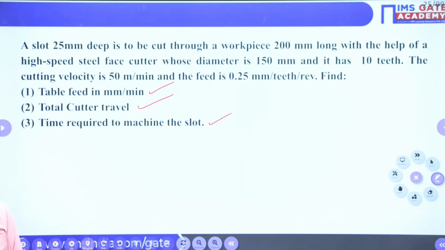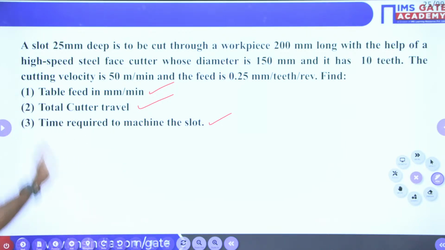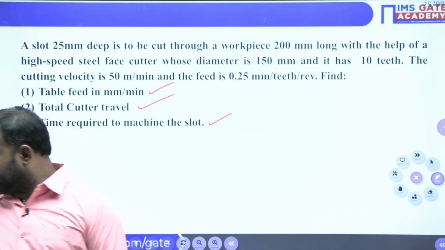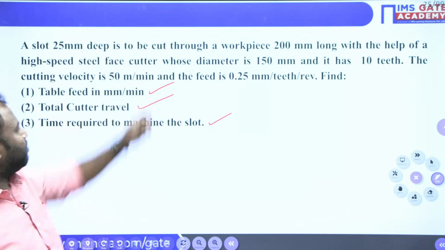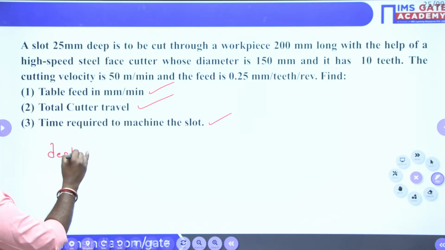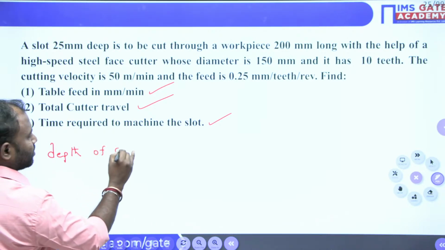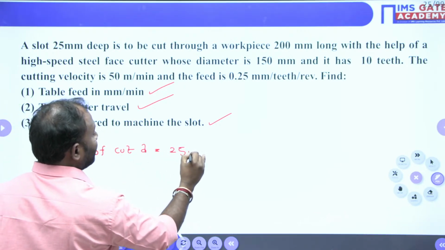Clear, everybody? Okay. Now, let us go for solving this. What is the given data? First, you write the given data. A slot of 25 mm deep, so the depth of cut d is equal to 25 mm.